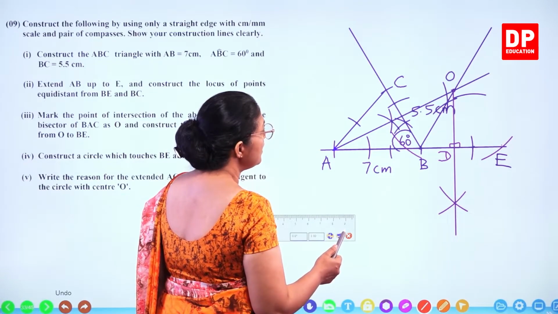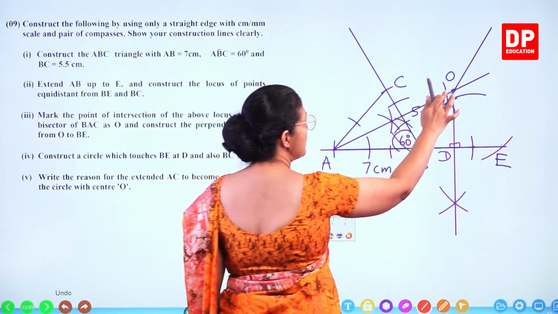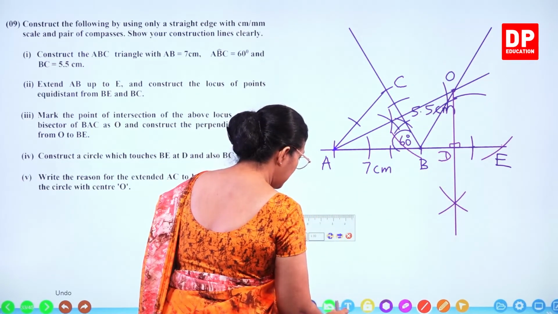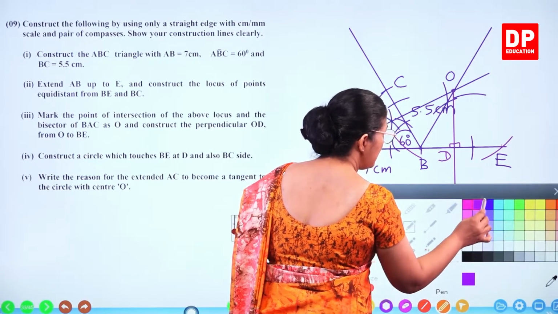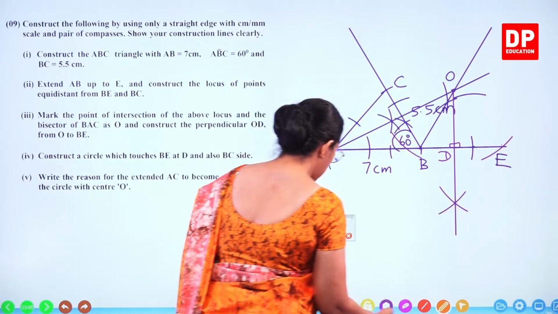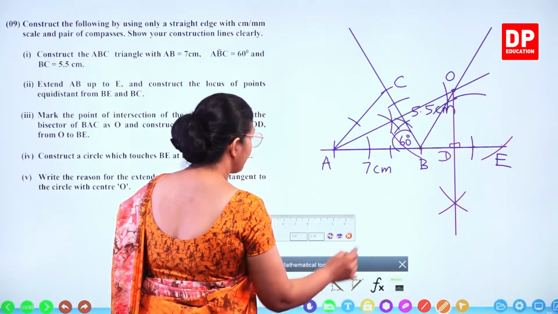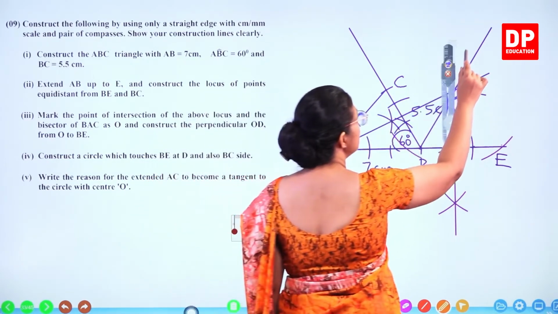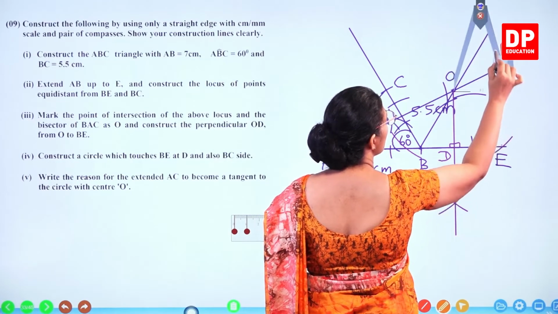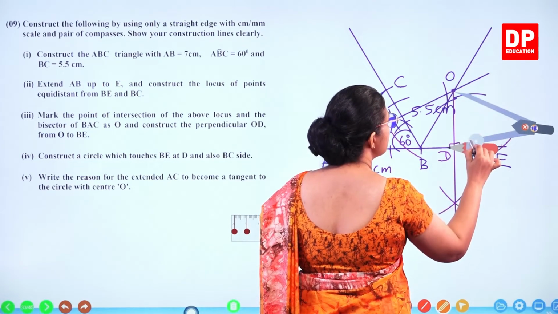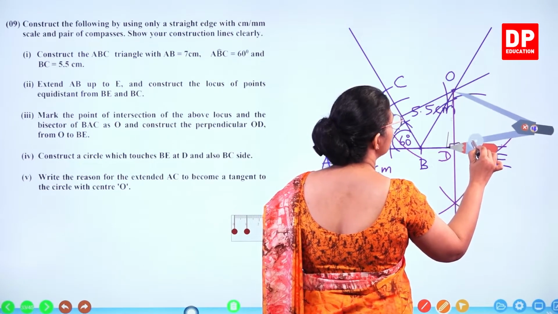Now we'll draw the circle. So O is the center and OD is the radius. So we'll take the compass and draw the circle. From O, you take OD as the radius.